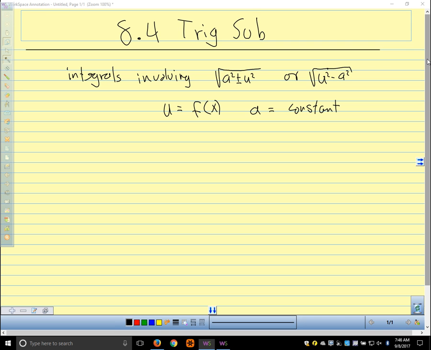Some books, and I'm glad that Ms. Hine teaches the same philosophy that I do, just always draw the triangle. Some books will teach, if it has this form, then make this substitution. If it has this form, make this other substitution. You have to memorize all these substitutions. Just draw the triangle and you make the correct substitution.